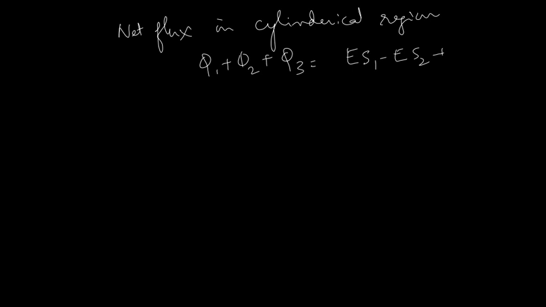This one is 0. So totally it's 0. So that's how he starts saying that even if it is a spherical region or a cylindrical region or any other region, you will get the total flux to be 0.